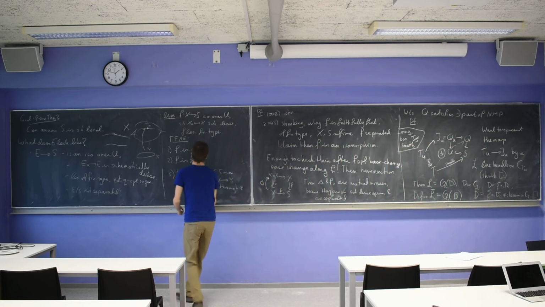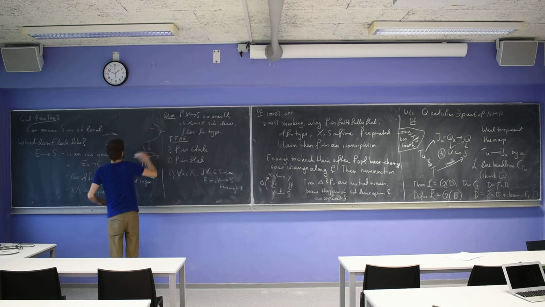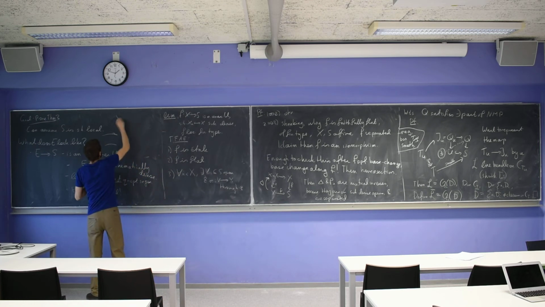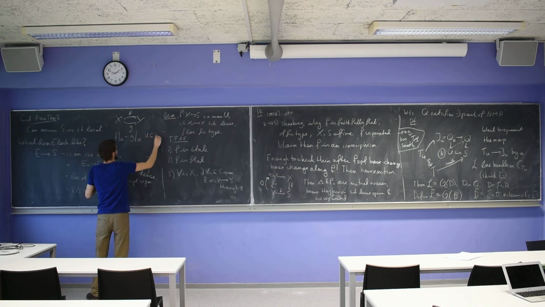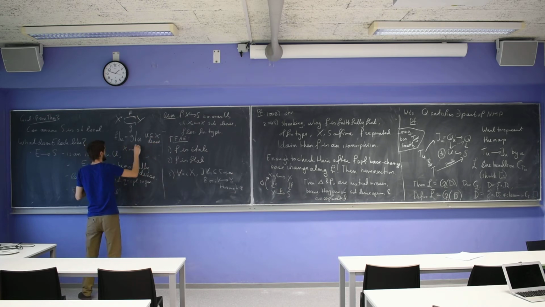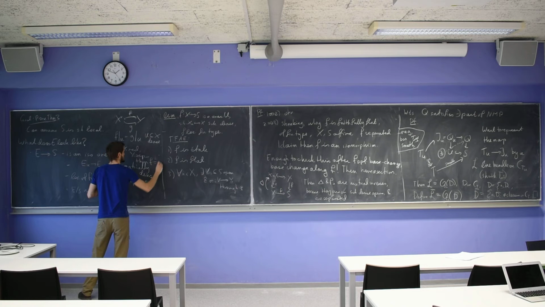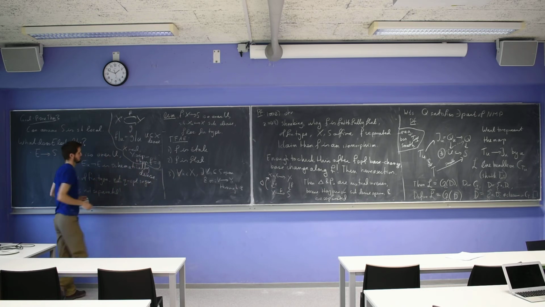The standard version that you're likely to have seen is: F and G, and we assume that F restricted to U is equal to G restricted to U for some dense open U contained in X, and that X is reduced and Y is separated, then F equals G. This is some standard lemma that we're all supposed to remember.